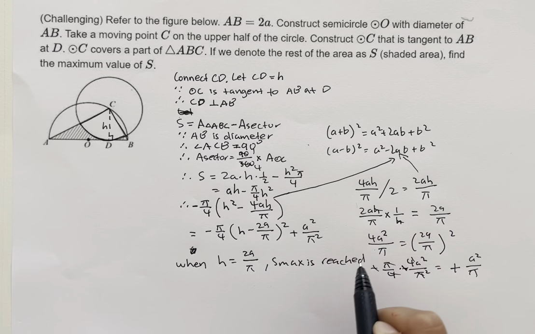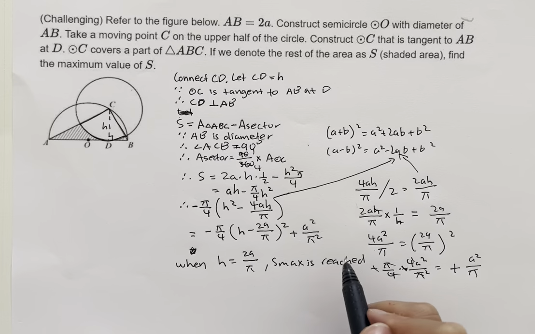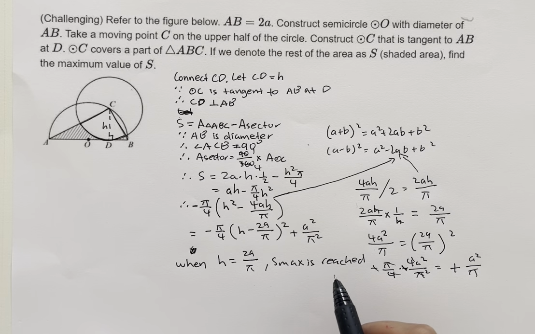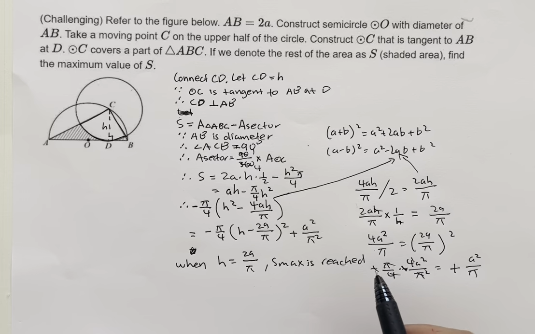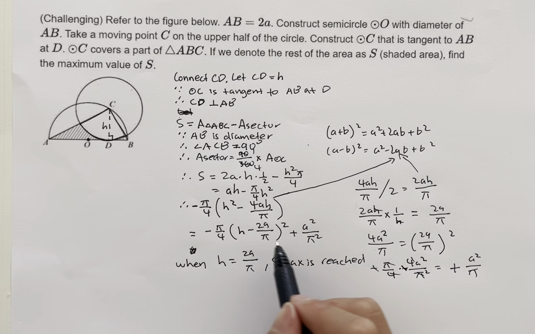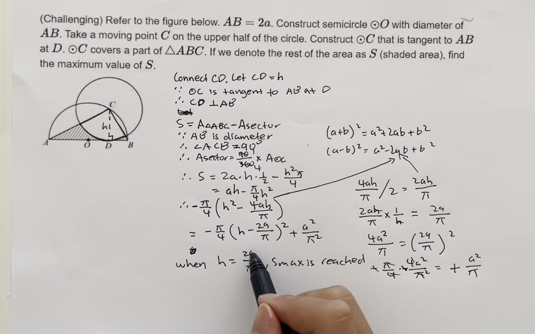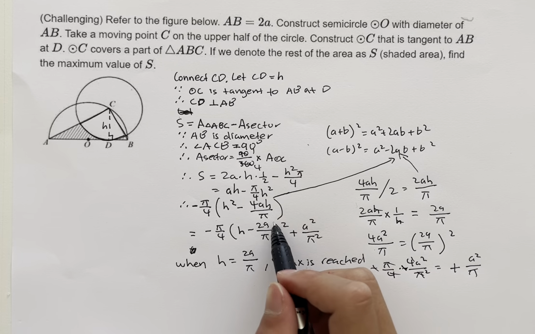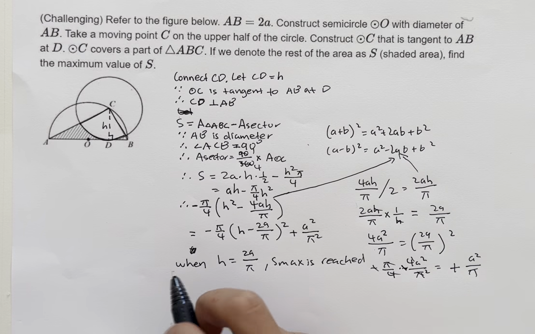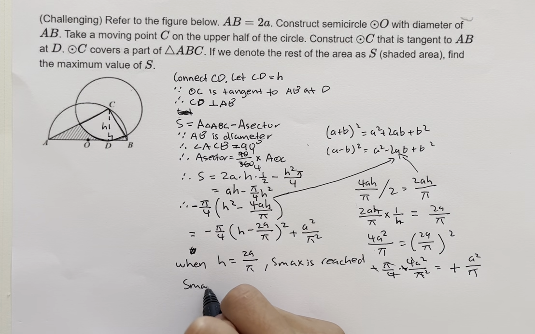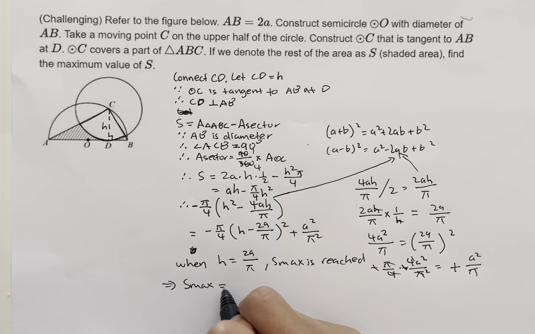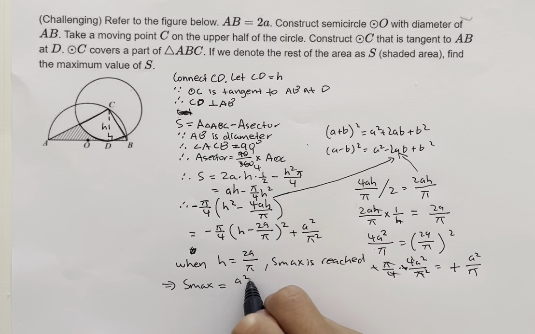If you're still wondering why, well, you know that perfect squares have to be positive, so the minimum for a perfect square will be 0. So, when h equals 2a over pi, h minus 2a over pi equals 0. So, S max will equal a squared over pi squared.